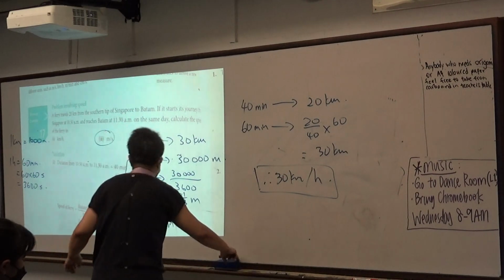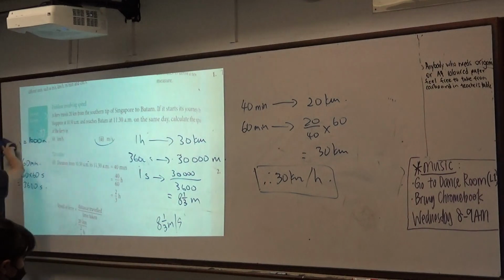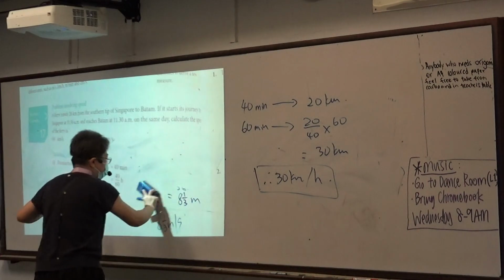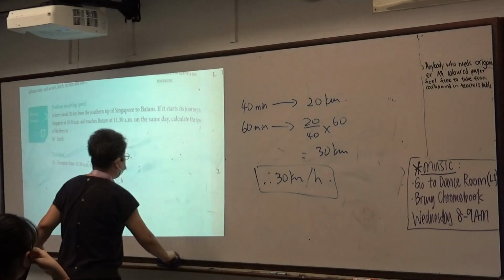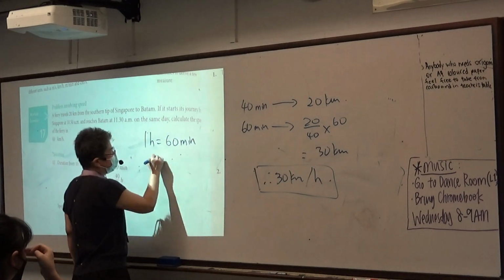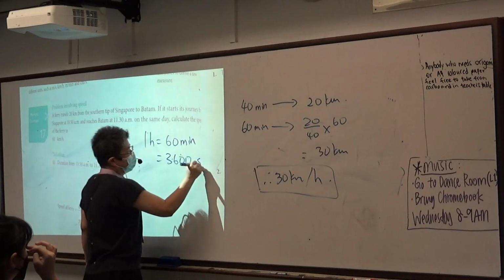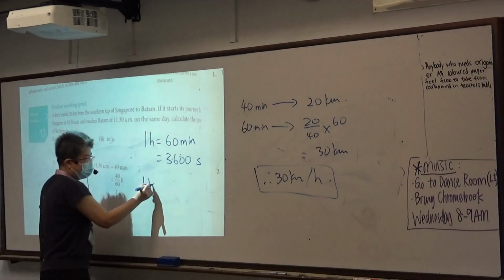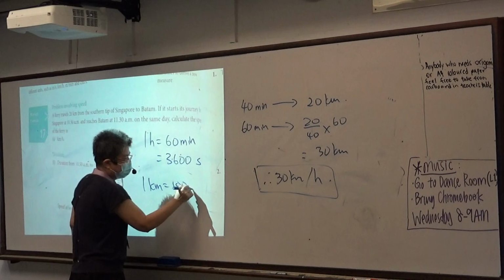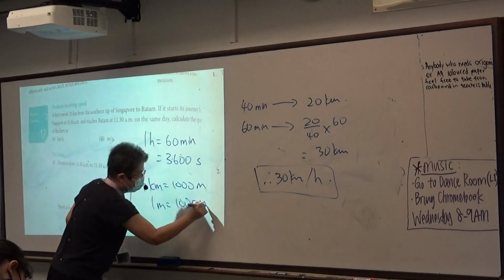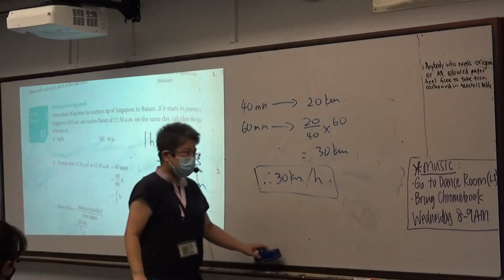Okay, I want you to write this down in your textbook first. 1 hour is 60 minutes and is also 3,600 seconds. And 1 kilometer is 1,000 meters and 1 meter is 100 centimeters.